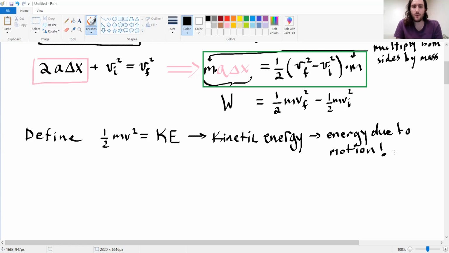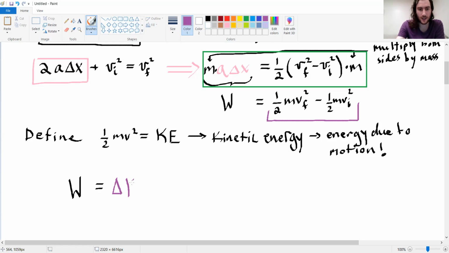Okay, so now that we've defined this quantity 1/2 mv squared as the kinetic energy, then we're ready to talk about the right side of this expression here. Maybe we'll put this in purple. And so we say that whenever we do work on an object, we always change its kinetic energy.